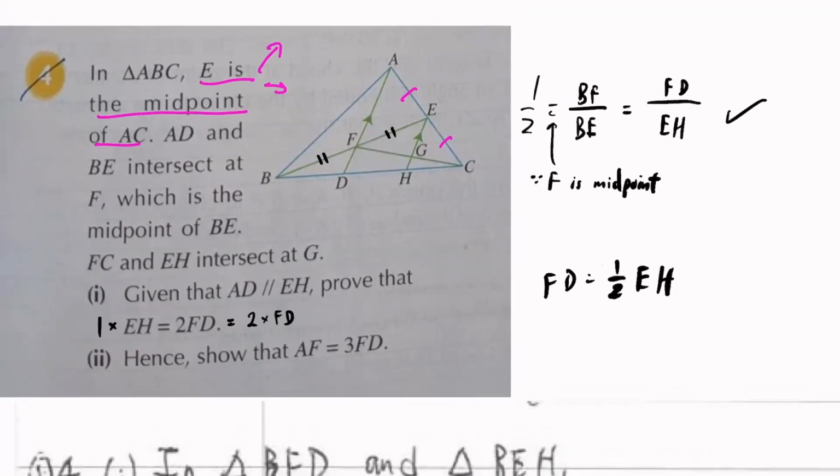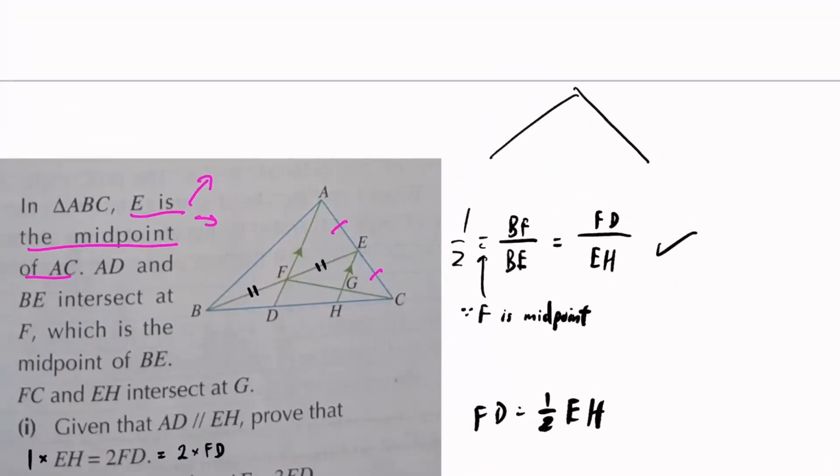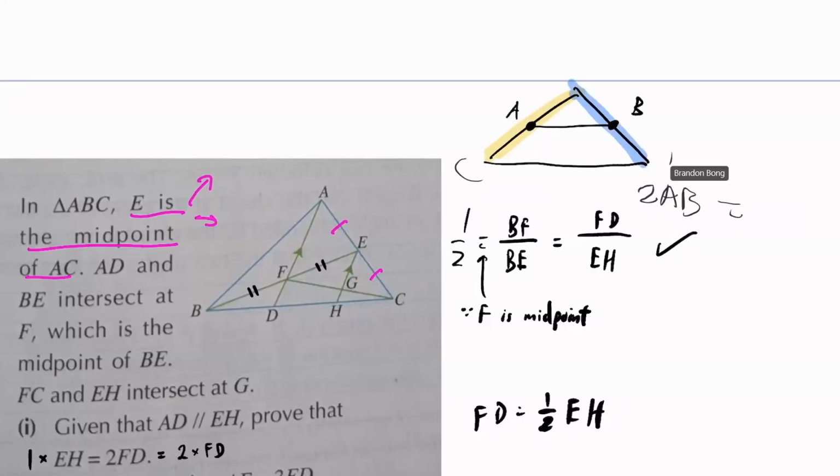Midpoint theorem requires a setup where you have a triangle like this, and then you have a point here, let's call it A, and another point there, let's call it B. Then you draw a line connecting A to B. And you must know that on the left side, the yellow length, A is the midpoint of the yellow, and the other side, the blue length, B is the midpoint of the blue length.